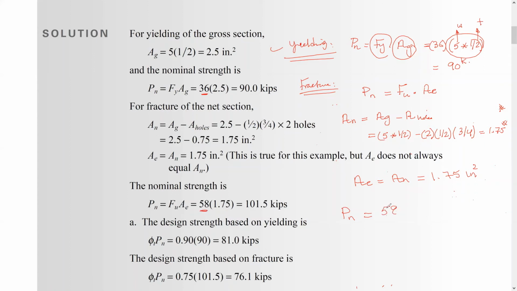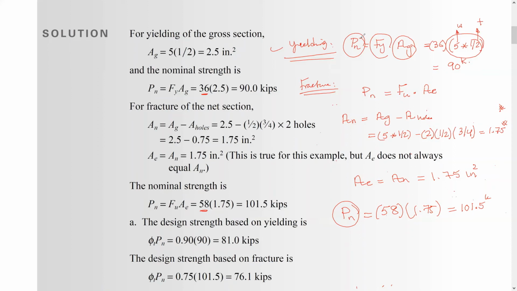So this is 58 times 1.75, and this one is equal to 101.5 kips. And kips because these are strengths, forces, loads.